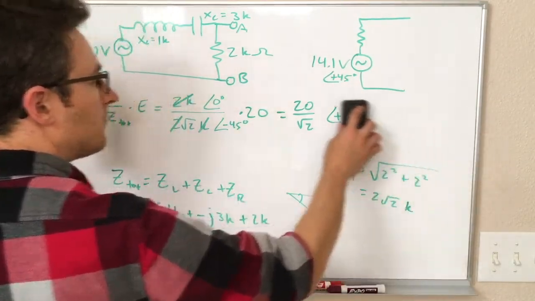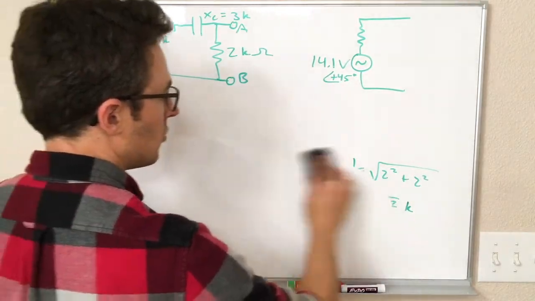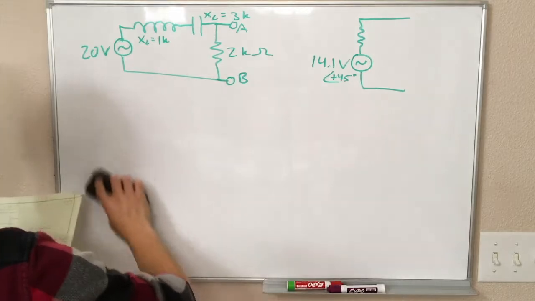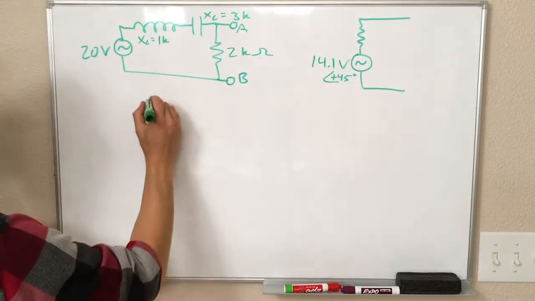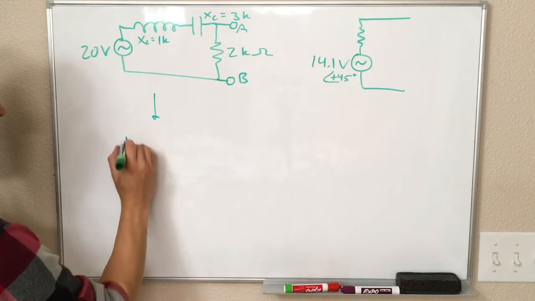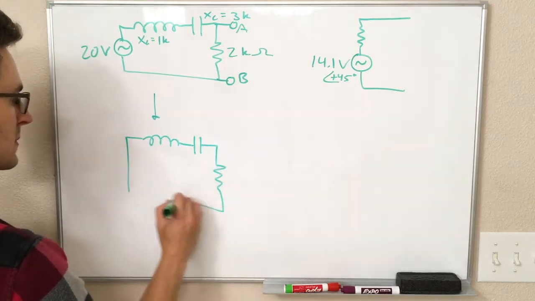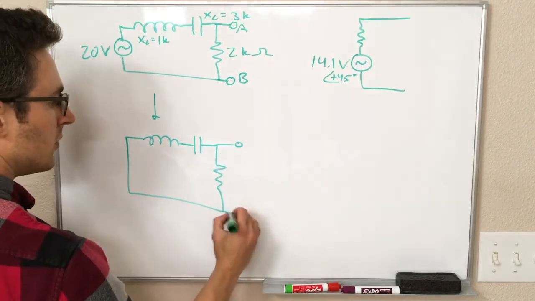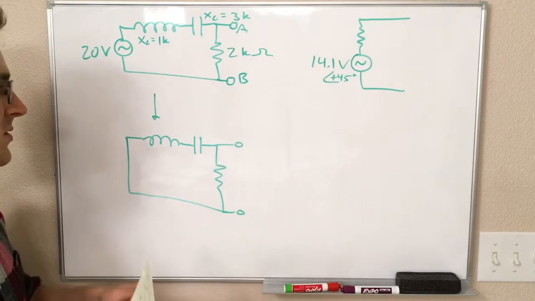So what we do now is we replace our voltage source with a wire. So this circuit becomes this circuit. And now we want the equivalent impedance between these 2 points.